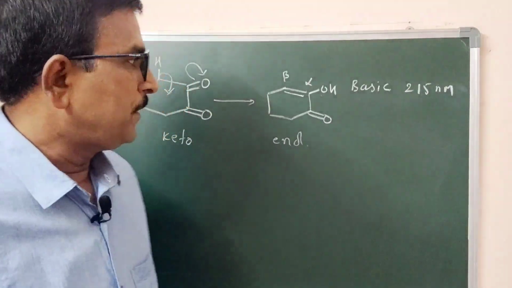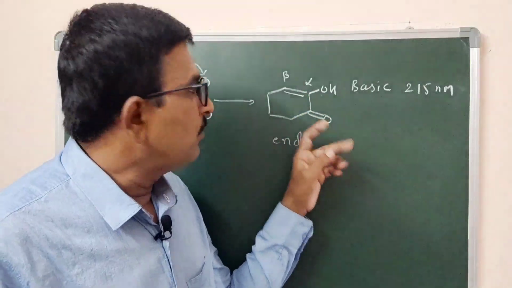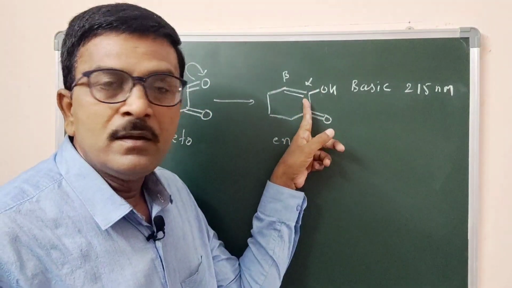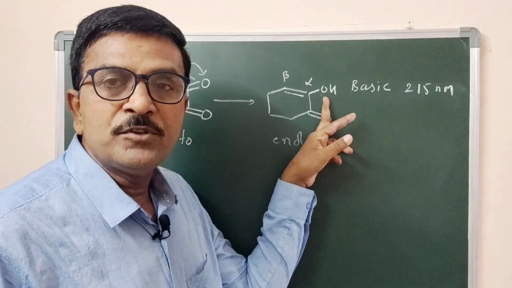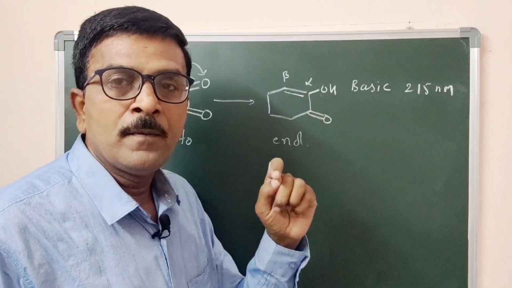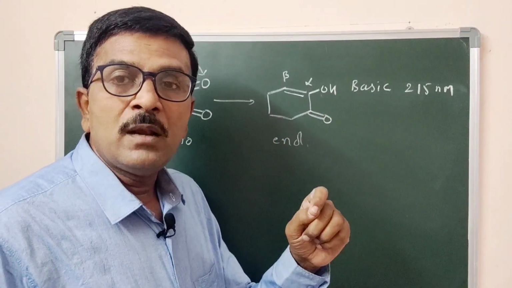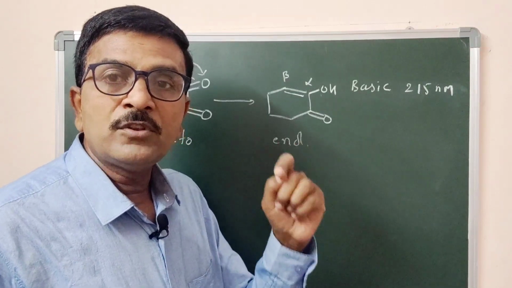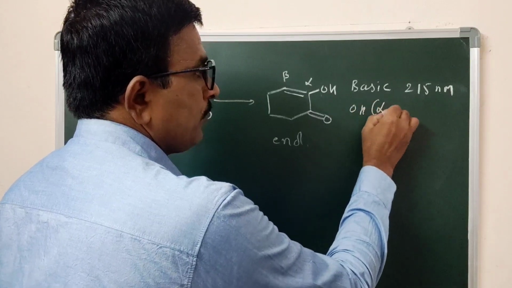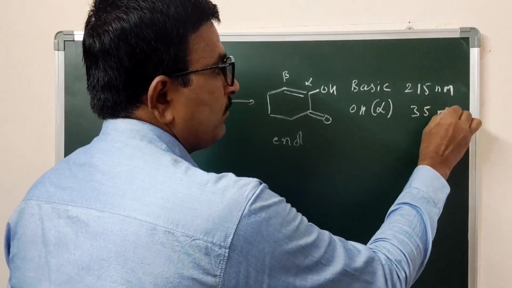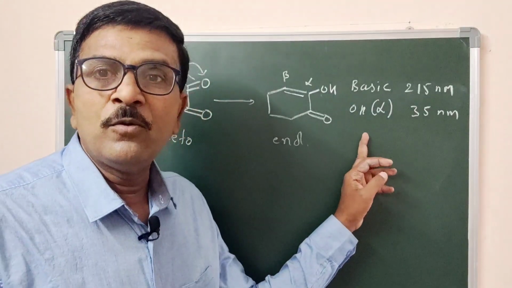Coming to the increment. Now with respect to C double bond O, this position is alpha. At alpha position a OH group is there. So the effect of hydroxy group attached to alpha carbon is about 35 nanometer. OH group on alpha is 35 nanometer.